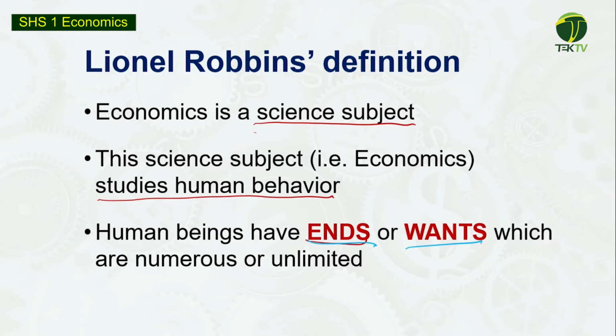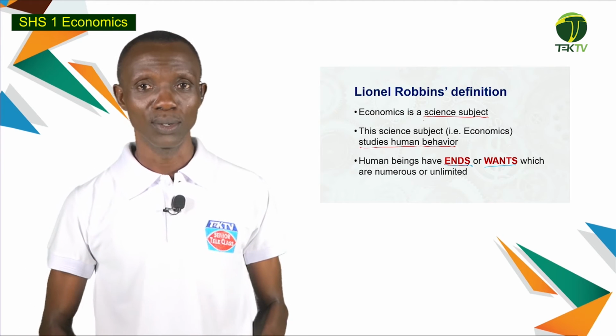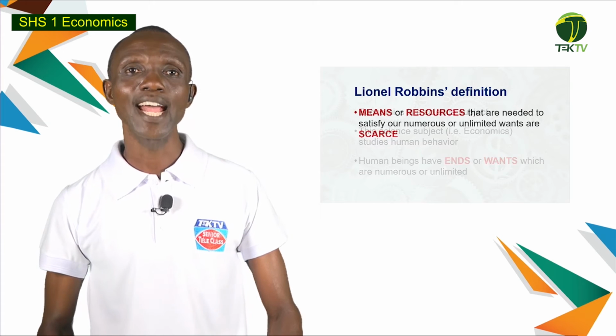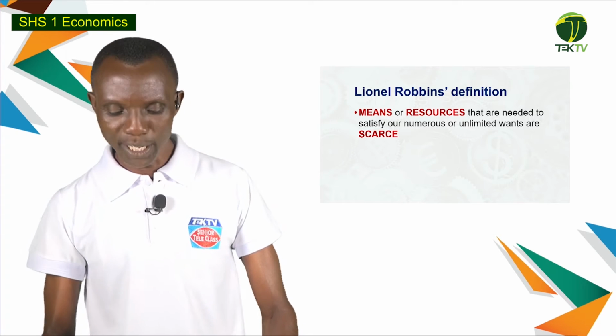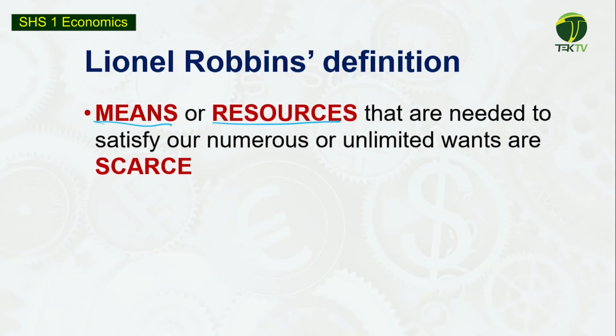Good. Definitely. The things that you need, the things that I need, you can imagine, are uncountable. These are the ends or wants that we defined. And again, he pointed out that the means or resources that are needed to satisfy numerous wants are scarce. Good. They are in limited quantities.